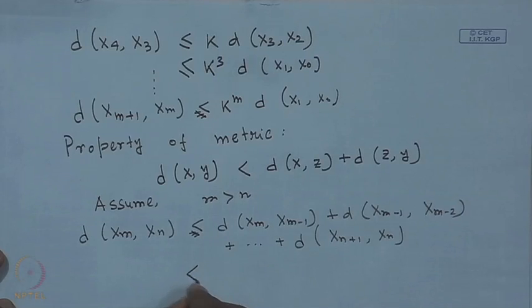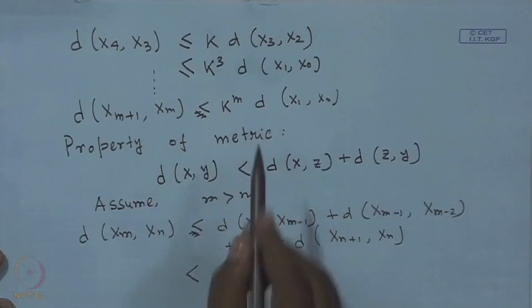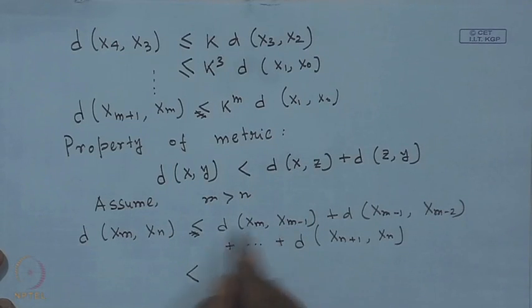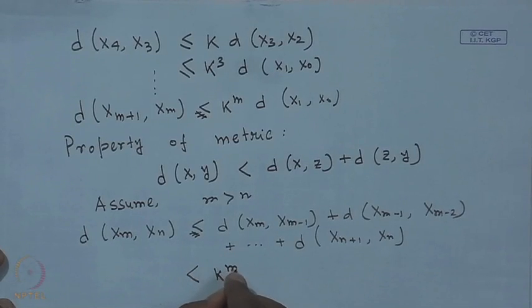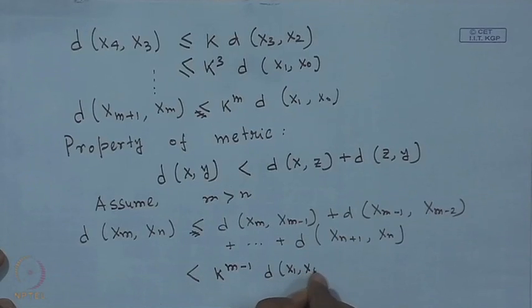So, we have already found out that metric between x m and x(m-1), by this relationship, just changing the indices, becomes k to the power m-1 metric between x1 and x0.